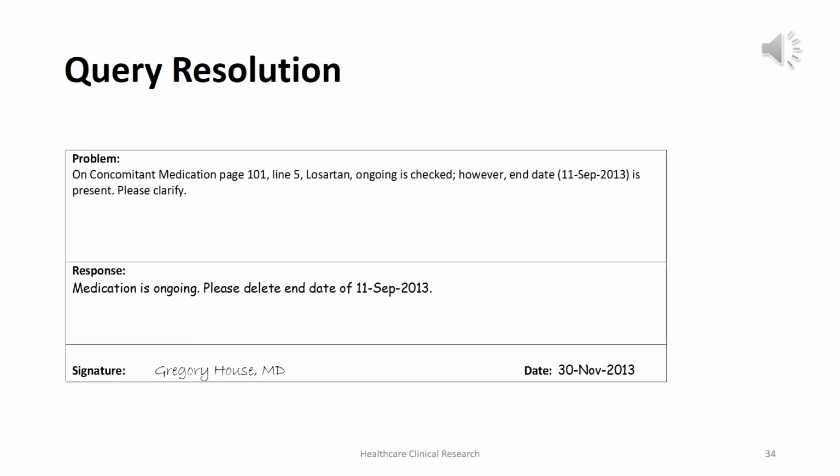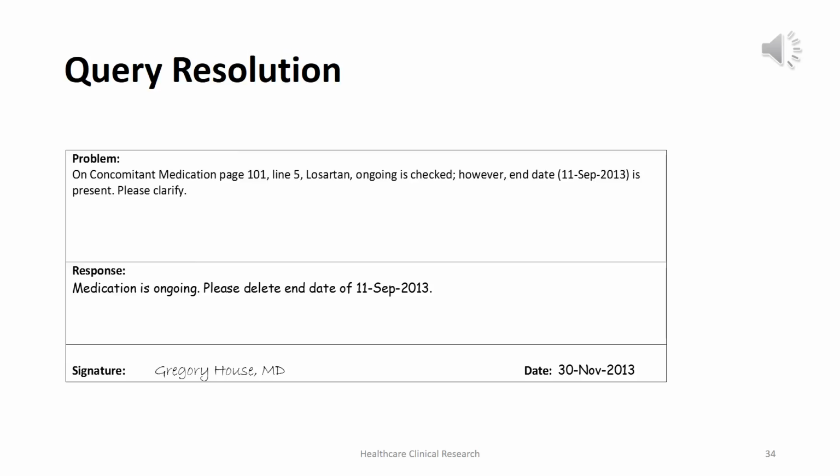So here's another example that we looked at earlier. Our problem is that on concomitant medication page 101, line 5, losartan, ongoing is checked. However, end date of 11 September 2013 is present. So please clarify. Then the site has responded back, medication is ongoing.